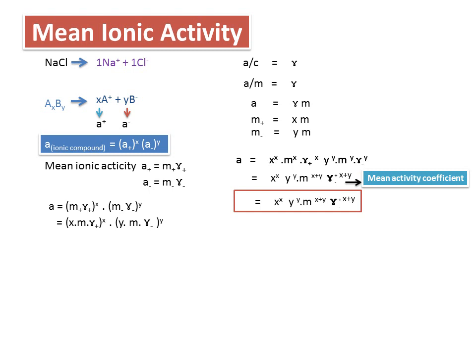With m as a common base, adding their powers gives m raised to power x plus y, then gamma positive negative raised to power x plus y, where gamma positive negative is the mean ionic activity coefficient. So this equation becomes A is equal to x raised to power x, y raised to power y, m raised to power x plus y into gamma positive negative raised to power x plus y.